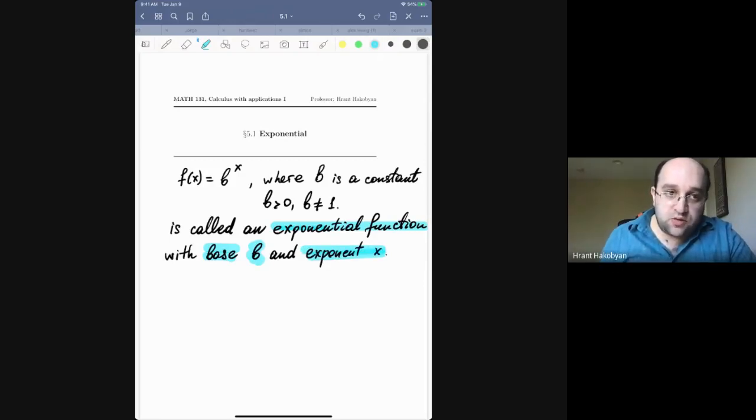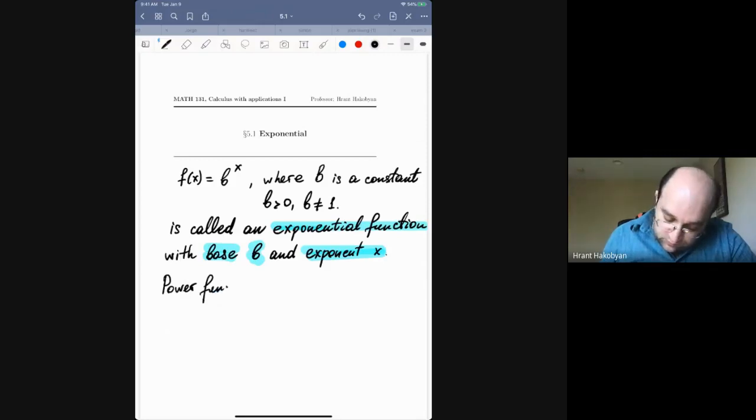There is a difference between exponential functions and power functions. We talked about power functions quite a bit, so let me remind you so that you can see the difference. Power functions look like y equals x to some power n.